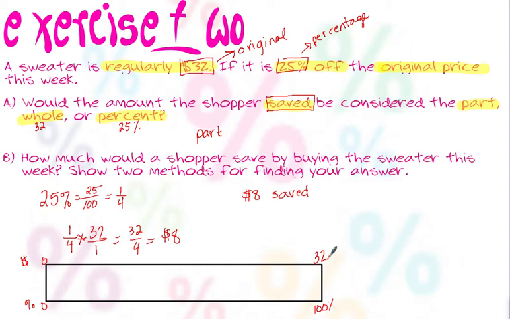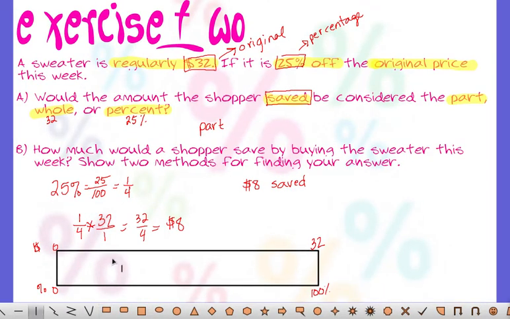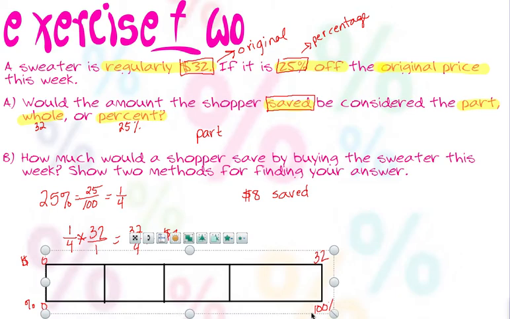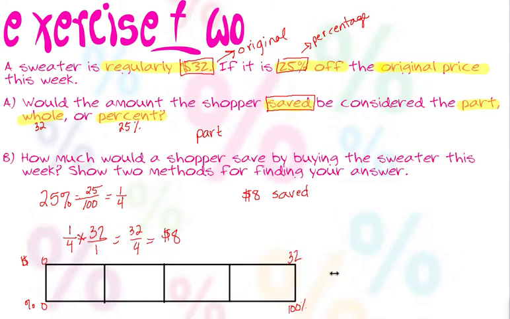So I want to find a number that both 32 and 100 can be divided by, and I know that number is 4. So I'm going to split this into 4 pieces. So I have 1, 2, 3, and 4. It's a little bit off, but we can fix that.